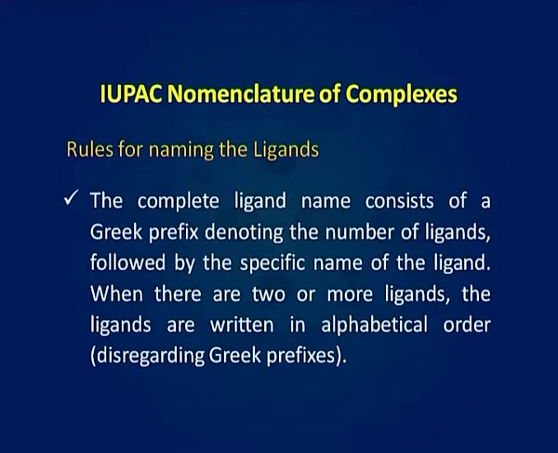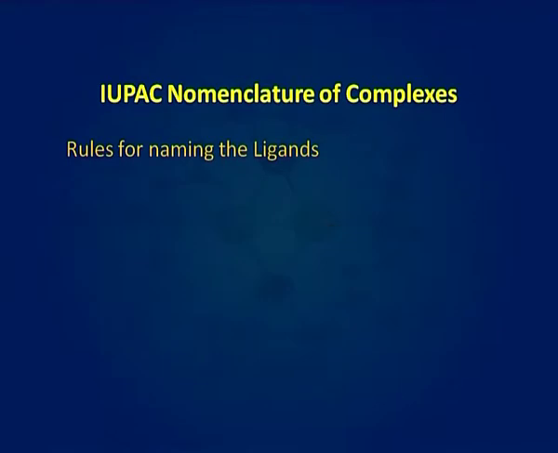The complete ligand name consists of a Greek prefix denoting the number of ligands followed by the specific name of the ligand. When there are two or more ligands, the ligands are written in alphabetical order, disregarding Greek prefixes.